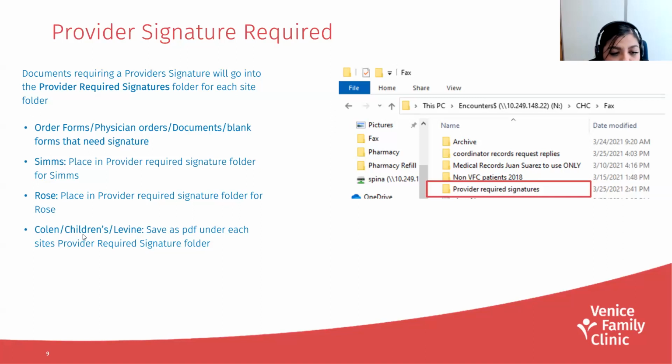For SIMS, ROS, and colon, all of them you will place in the required signature folder. You will go to encounter $, then whichever location and fax, and then you will find the provider required signatures, and you will file under that.